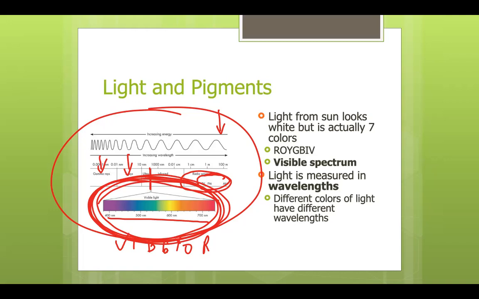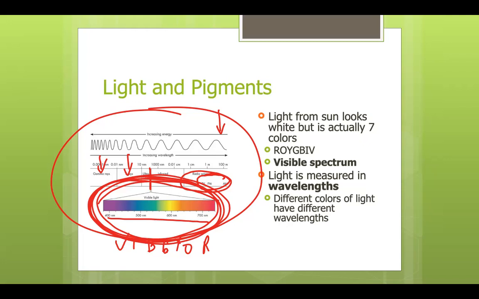Because, for example, my jacket that I'm wearing is white, and white is a combination of all 7 colors. So that means that the pigment in my jacket reflects all visible wavelengths of light, which means you've got all 7 colors being reflected off of my jacket into your eyeballs, and that's why it looks white.